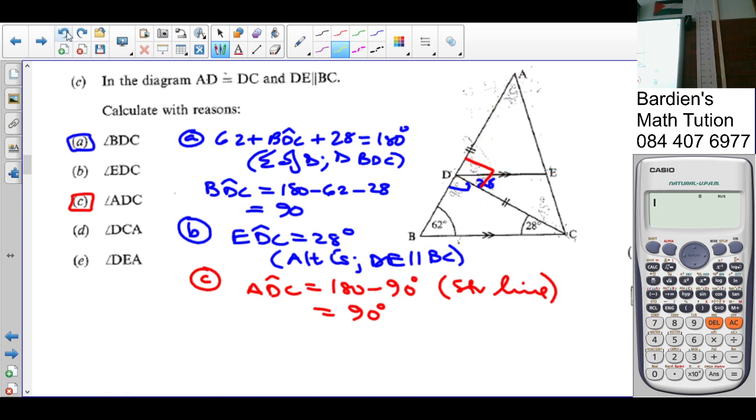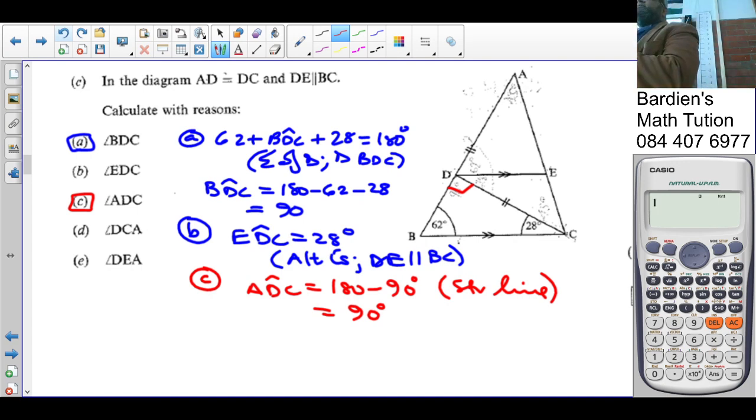Wait, let's take it away. We have that angle there. The angle they want, I'm not talking about that 28, I'm talking about the 28 that's there. But what I'm saying is, don't consider 28 now.